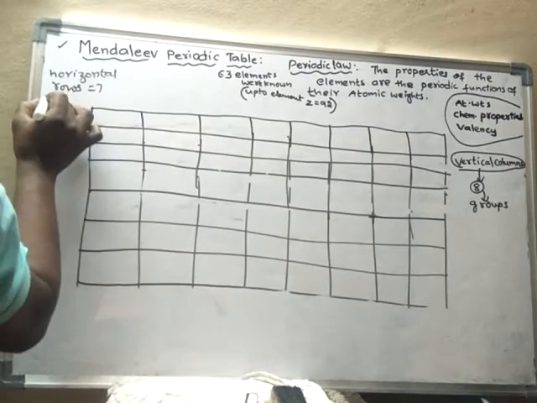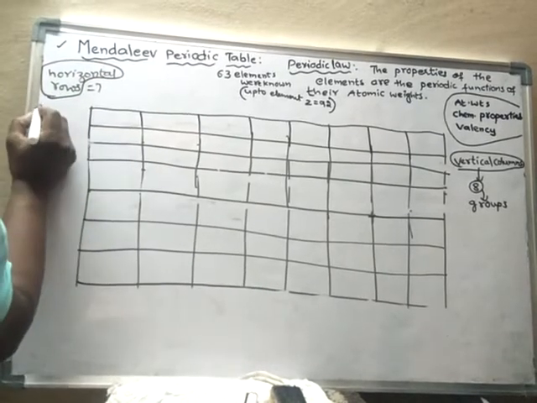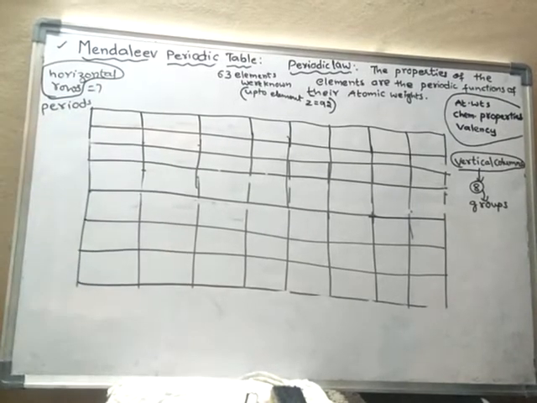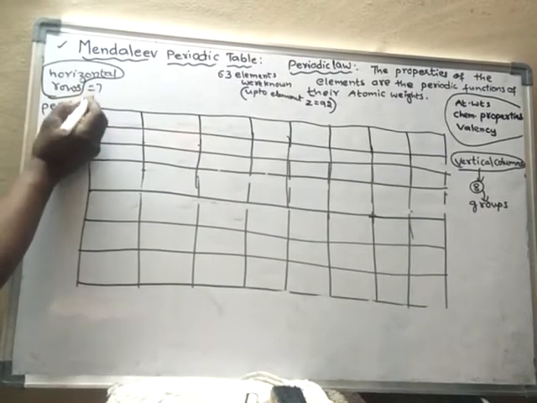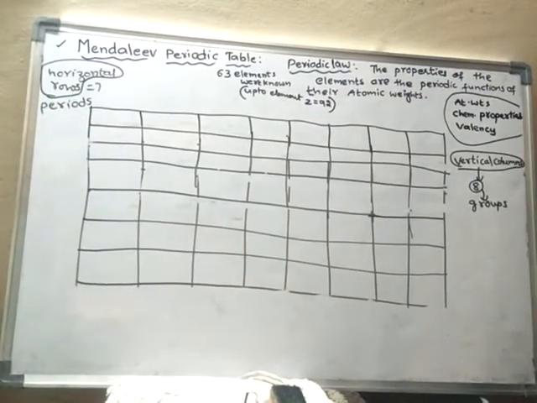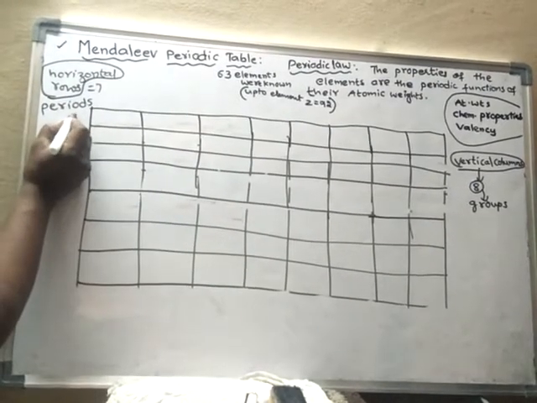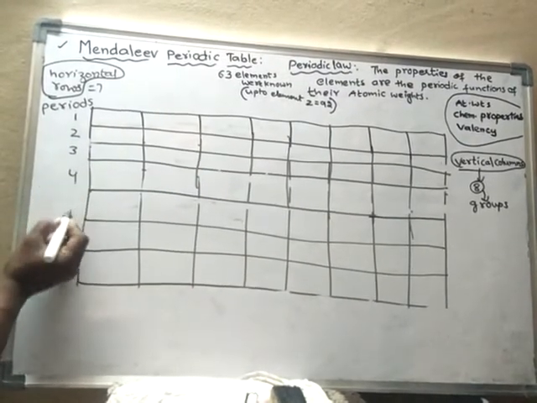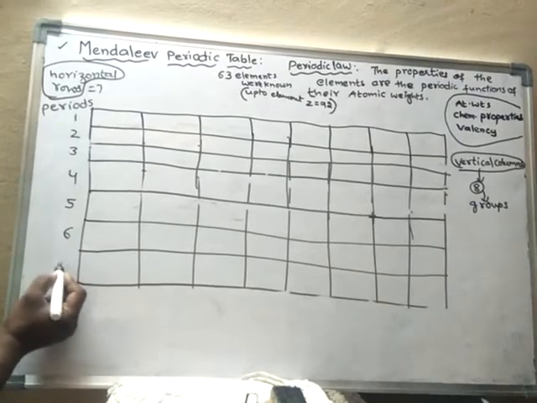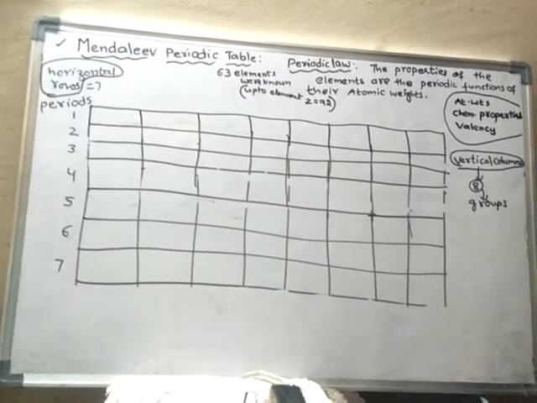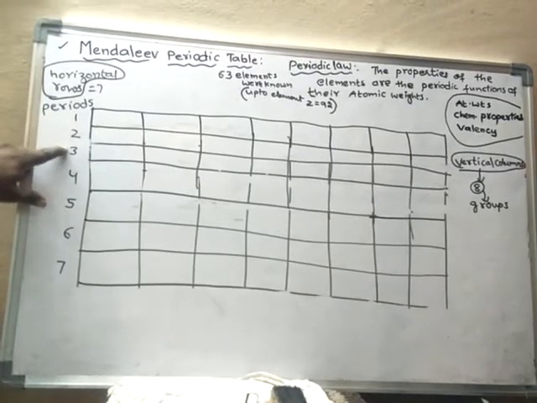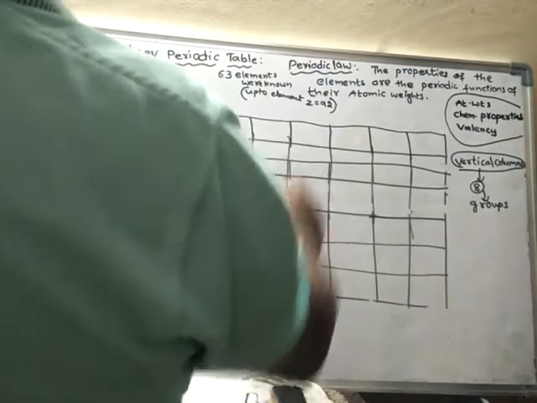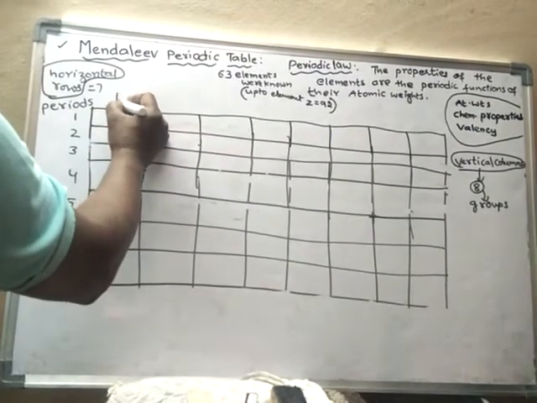They are called periods. That means 7 periods are there: first period, second period, third period, fourth period, fifth period, sixth period, and seventh period. Periods are represented by Arabic numbers. Vertical columns are represented by Roman numbers.